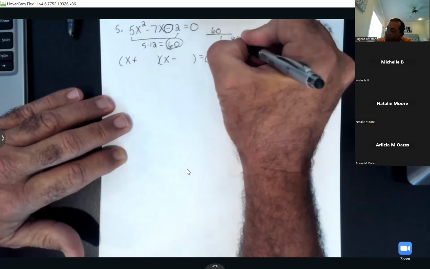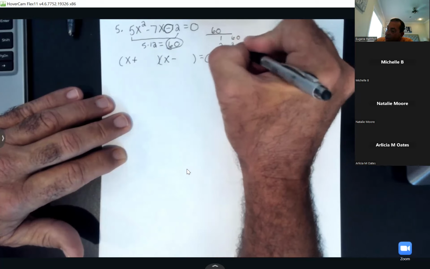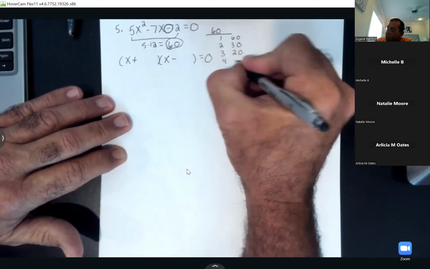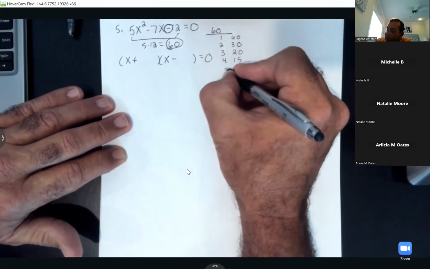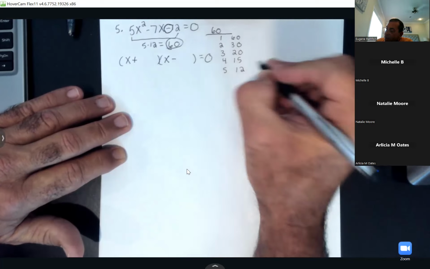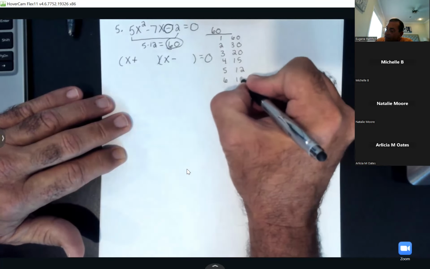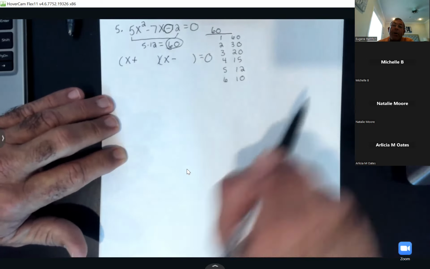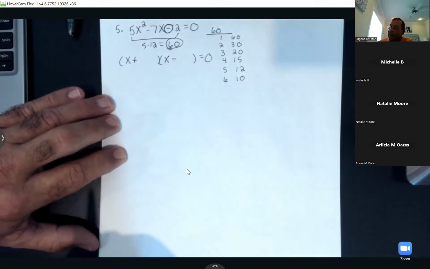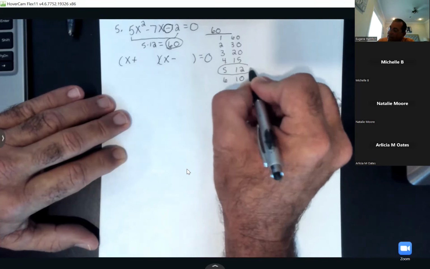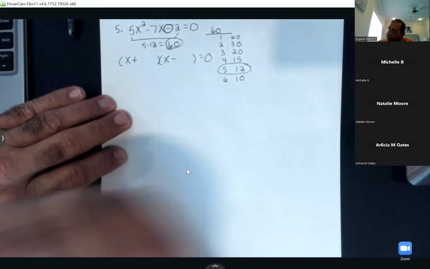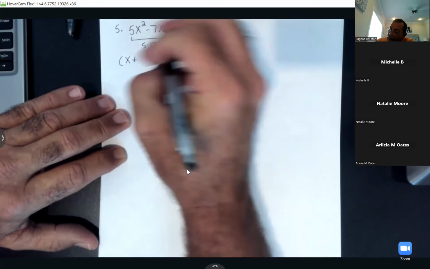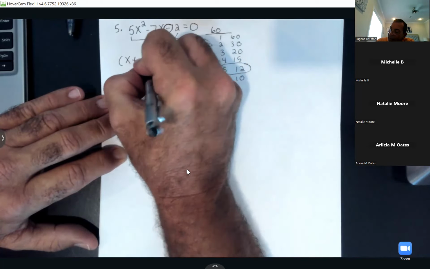We got 1 and 60, 2 and 30, 3 and 20, 4 and 15, 5 and 12, 6 and 10. And that's it. One pair of those will subtract and get me a 7, and that's 12 and 5. Larger number 12 is going to be negative like the middle number. And the 5 will be positive.